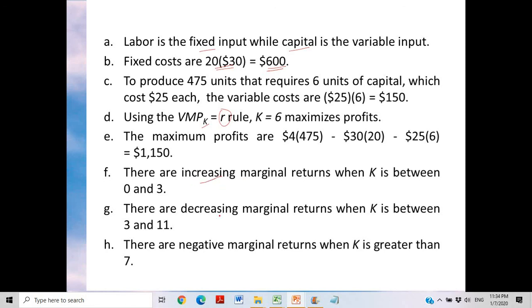the increasing marginal return, the decreasing, and also the negative phases. I want to highlight that the answer here is 0 to 3, and 3 to 11.